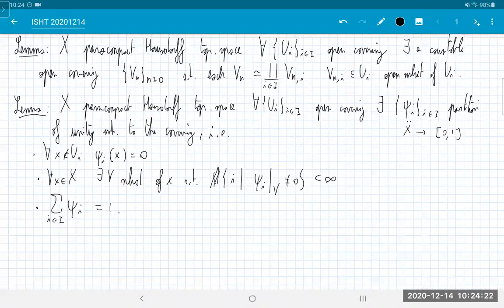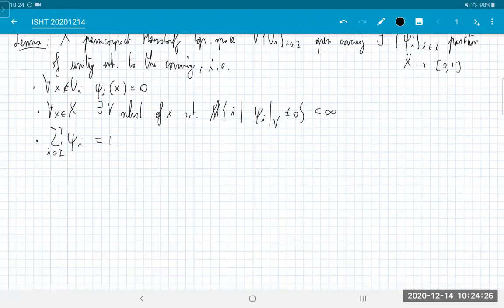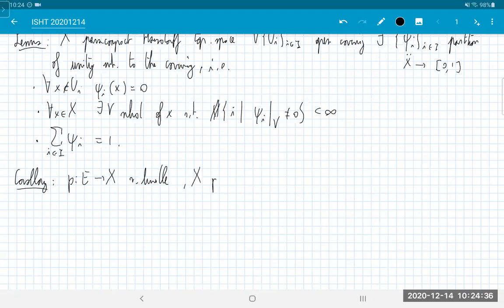But is this topological situation clear? As a corollary, if p: E → X is a vector bundle, and X is paracompact Hausdorff, then there exists V_n, a countable cover of trivialization.